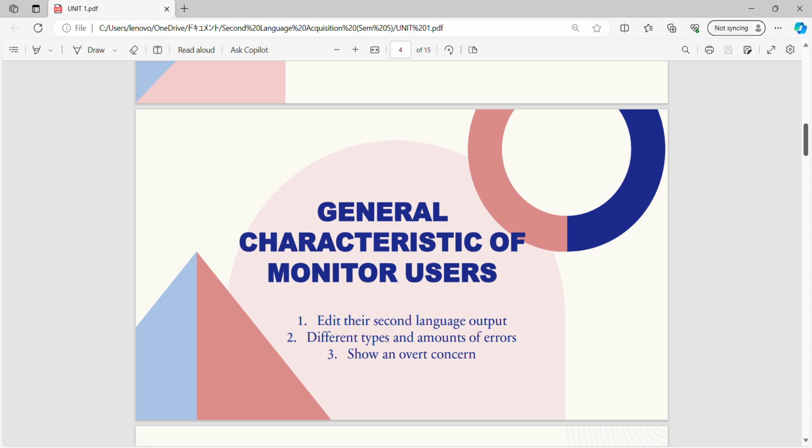And a mistake we can call an error. The third is showing overt concern. Showing overt concern means how you are able to use the language properly, how you can control yourself, and how you can use it every day so you can understand the language very well.